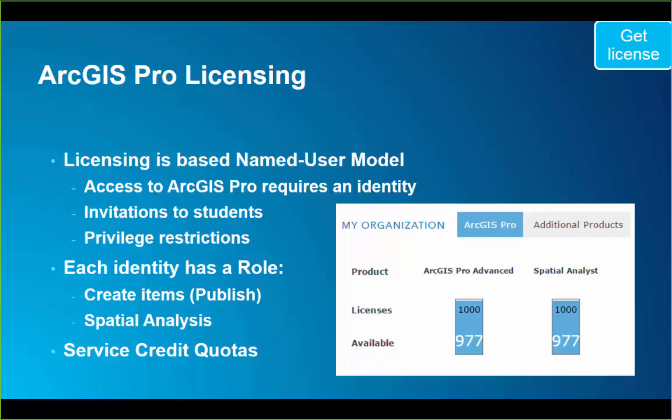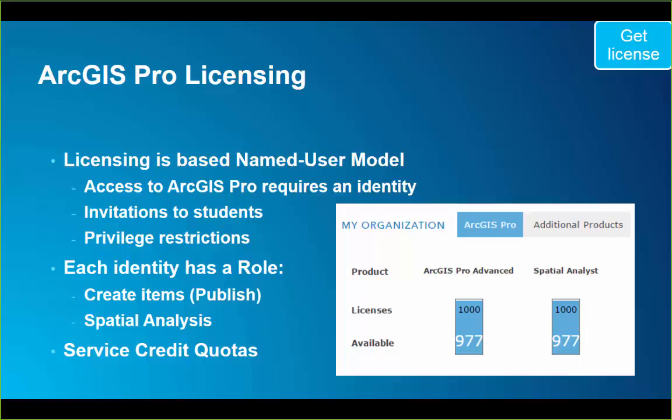With your identity comes a role, and with that role comes specific privileges, such as the ability to create items and publish hosted feature services, or they're called hosted web layers now in ArcGIS Online. But also the ability to do certain types of spatial analysis, batch geocoding, and geo-enrichment.